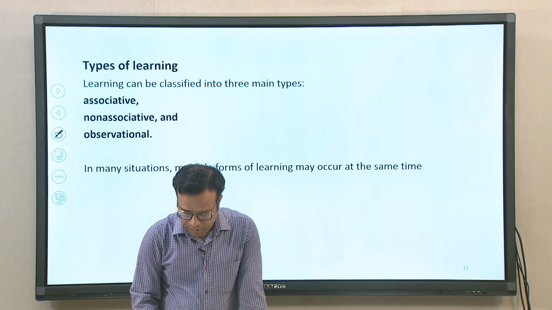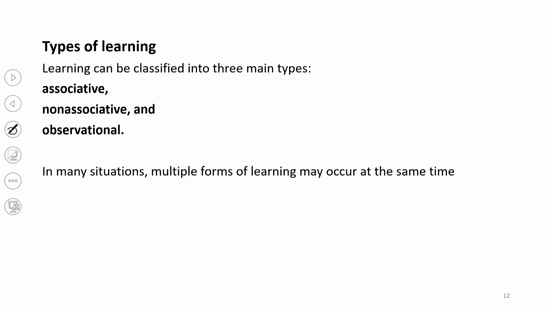Now, let us go into the learning process in more detail, because that is what we are focusing on in this module: the process of learning, the types of learning and so on. When we talk about learning, how do we learn things? There are 3 ways we can learn things from our environment. There are 3 categories of learning. One is associative learning, another is non-associative learning, and the third is observational learning.